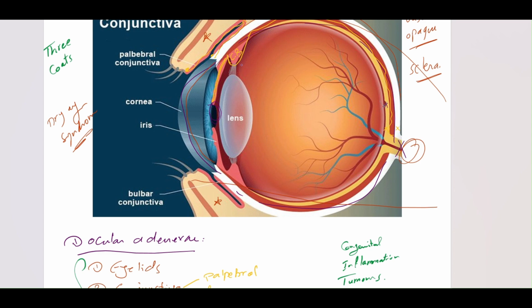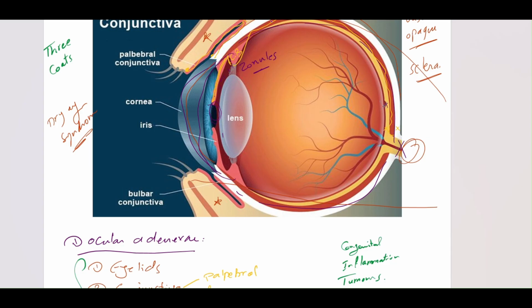These are called zonules, zonular ligaments. And again, they are like a diaphragm because the ciliary body is running in a circle. So the zonular ligaments are running all over this circle as well.